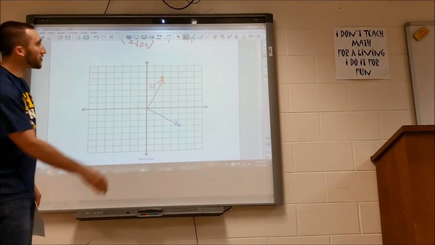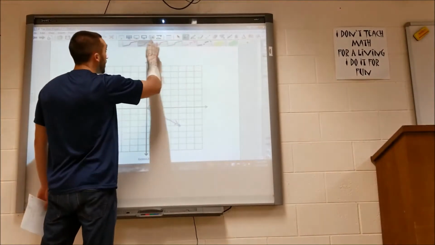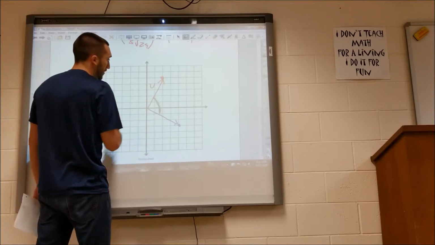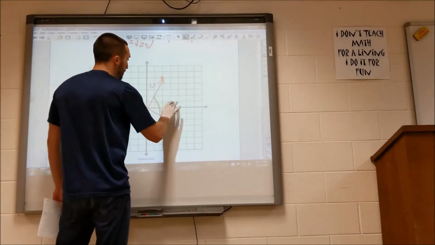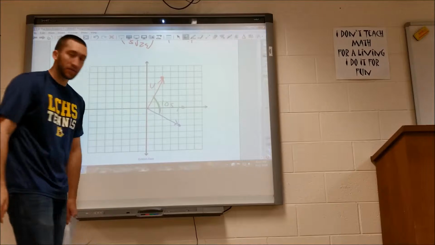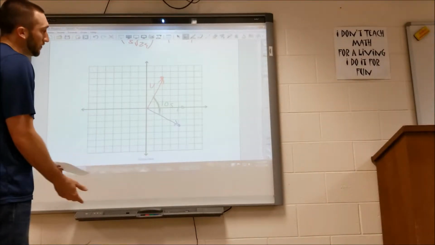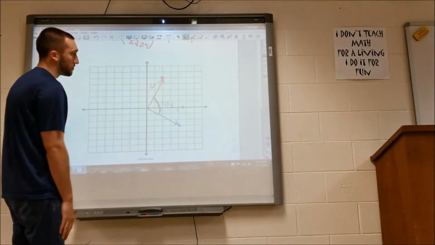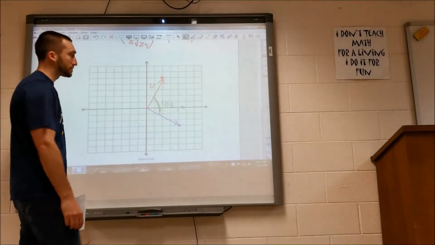What they're saying is when we find theta, this angle is 105.1 degrees, the angle between those two vectors. It's definitely an obtuse angle, and 105.1 is what we found that to be.